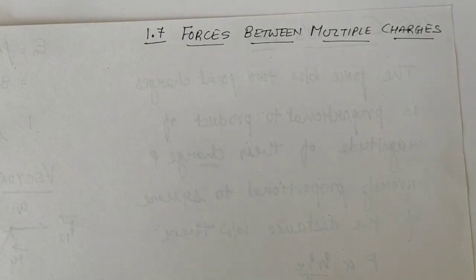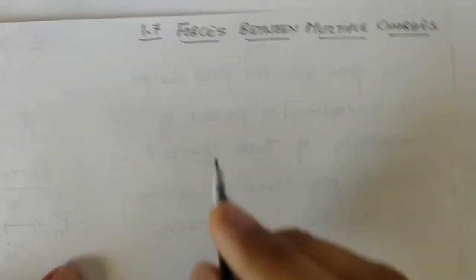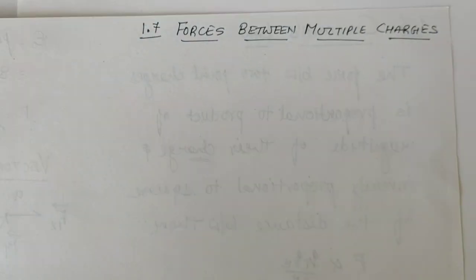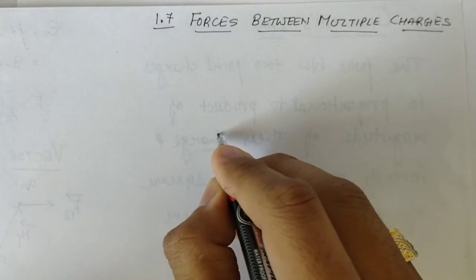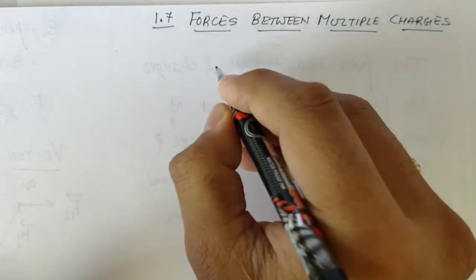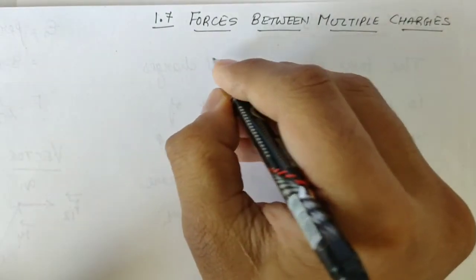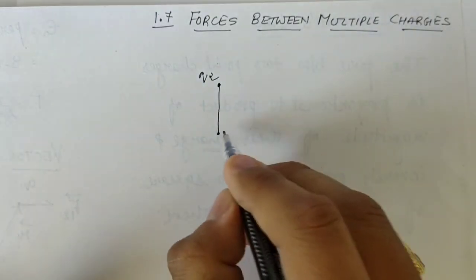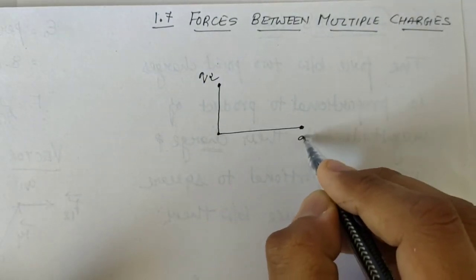Let's see topic 1.7, forces between multiple charges. In topic 1.6 we discussed forces between two charges, and here we will discuss forces between multiple charges. Consider a reference point O. Charges Q2 and Q3 are here.